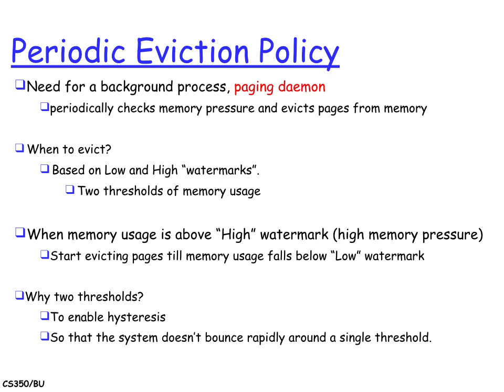So why do we have two thresholds, two watermarks? To implement something called hysteresis. If you have only one threshold, then you might evict just enough pages to fall below it, but soon enough the system would jump back above that single threshold.